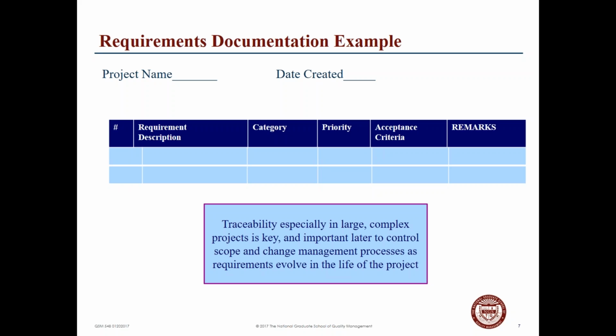This happens quite a bit, especially in significantly large projects where you have multiple constituencies and multiple moving parts, and you need to be able to track all of these things so that you can manage these processes and look at how they may impact the requirements throughout the life of the project.